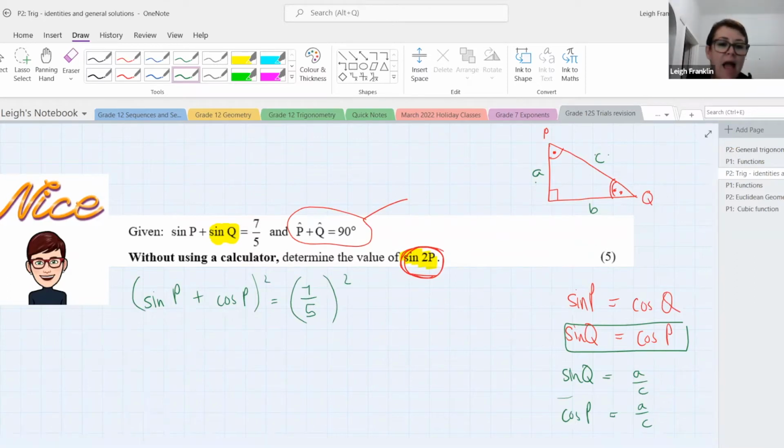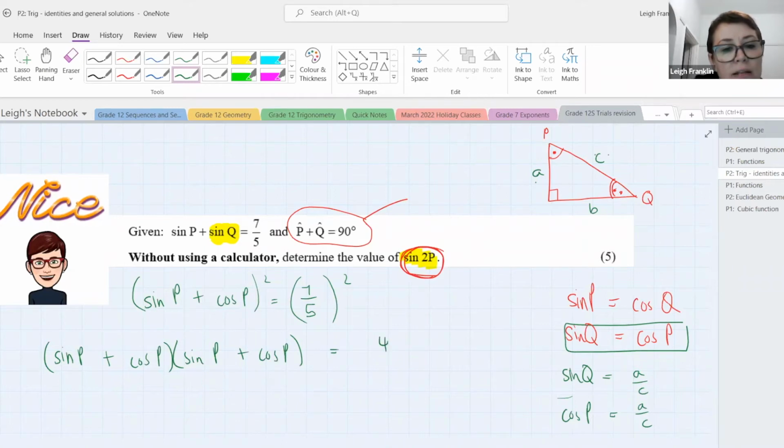The reason I want to square both sides is because when I've got sine P plus cos P in brackets, I'm just going to do this the long way, sine P plus cos P times sine P plus cos P.